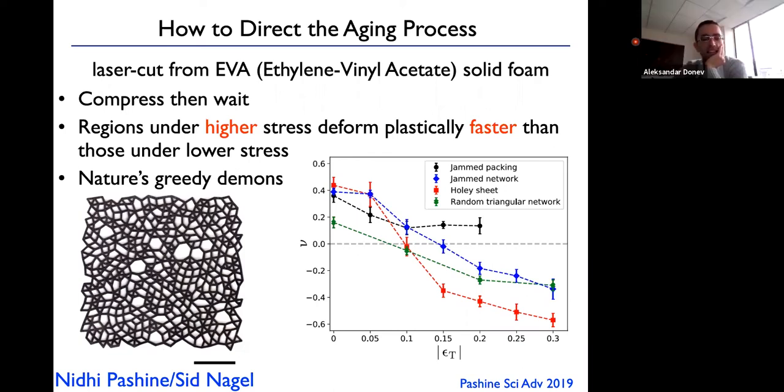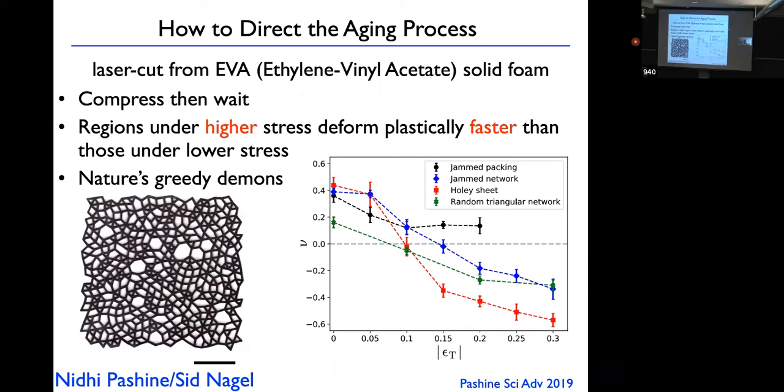It's so plastic that eventually it just adjusts to the new state. Correct. It's possible that the system readjusts after time, but we're working on time scales that are faster than that. But it is mostly plastic deformation as far as we can tell.